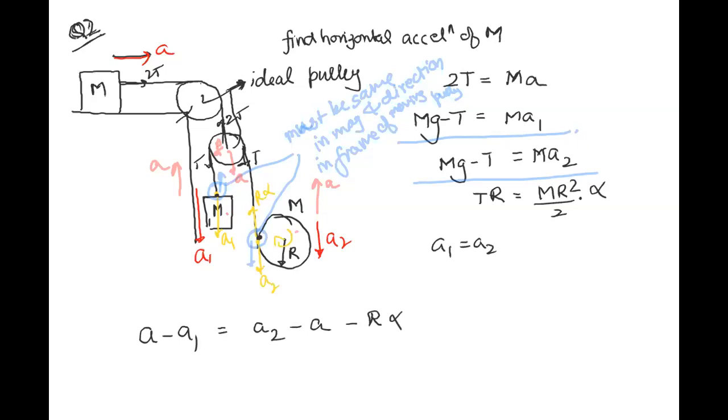So I would get 2A is equal to A1 plus A2 minus R alpha. And we already know that A1 is equal to A2. So this will give me 2A is equal to 2A1 minus R alpha. This would be the constraint relation.